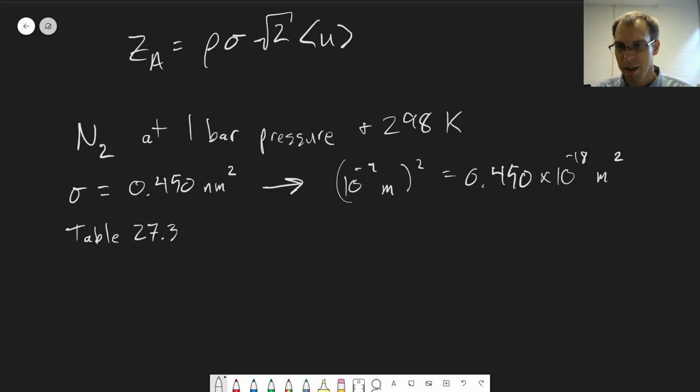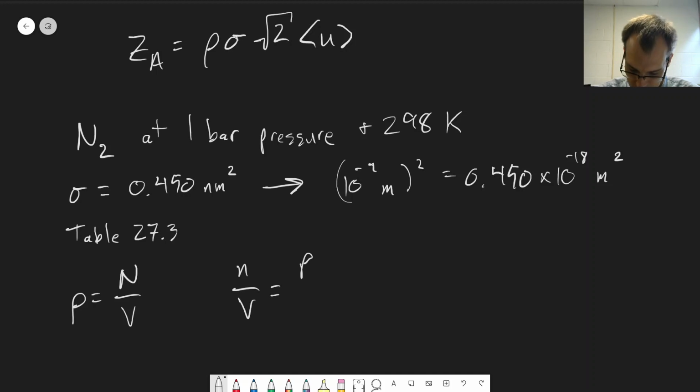Okay, so that's sigma. We need rho. Again, that's number of particles per volume, so that's big N over V. And we can use the ideal gas law to get this, because we know the pressure. So we can say that little n over V is equal to P over RT.